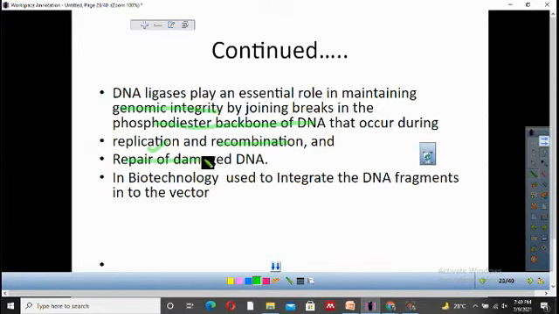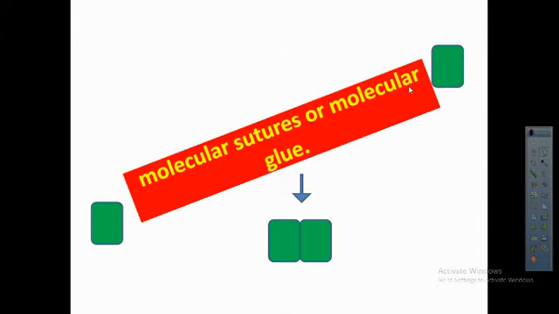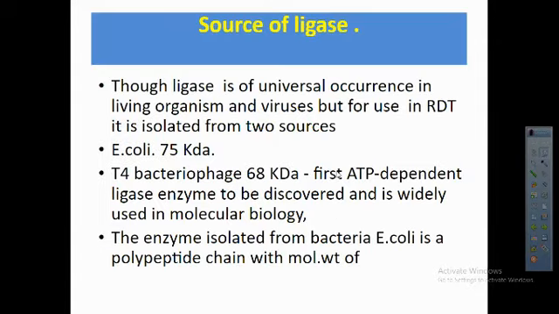Then it also helps in the repair of damaged DNA, and in biotechnology, it is used to insert the DNA fragment into the vector. So in layman's terms, we can call them molecular glue or molecular sutures, similar to the molecular scissors, which is restriction endonuclease, and the molecular glue for the ligase.